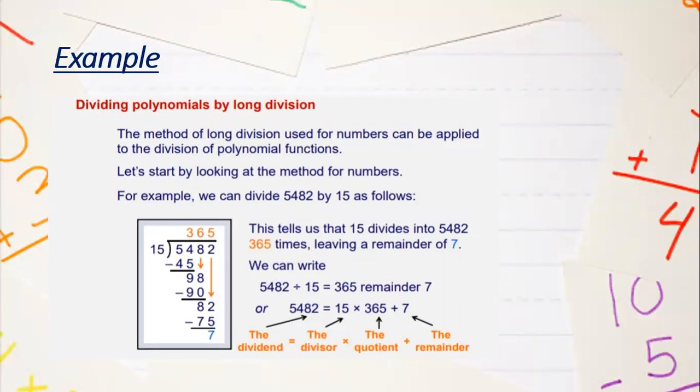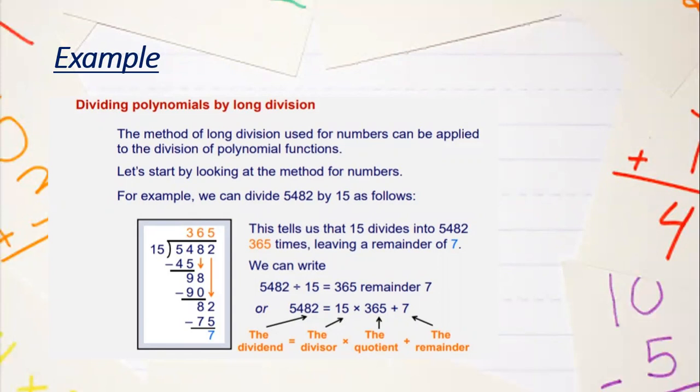The method of long division used for numbers can be applied to the division of polynomial functions. So let's start by looking at the method for numbers. For example, we can divide 5482 by 15. This tells us that 15 divides into 5482 365 times, leaving a remainder of 7.